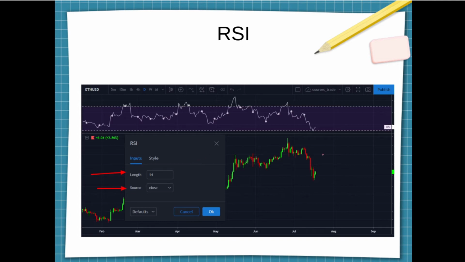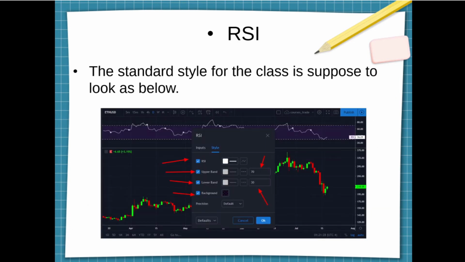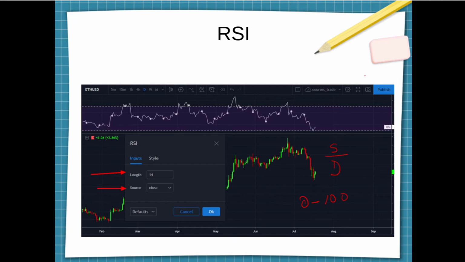The indicator is gonna go ahead and take the last 14 candles and make a deep analysis of the relationship between the supply and the demand, and the algorithm will give you a number from 0 to 100. Now, usually we have an upper band and a lower band. So these are the inputs right there. Okay, so the upper band here is usually at 70, and this one is usually at 30.